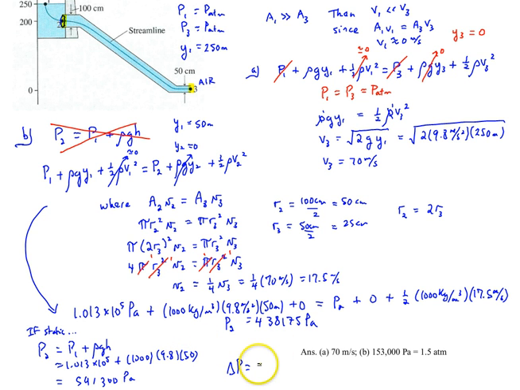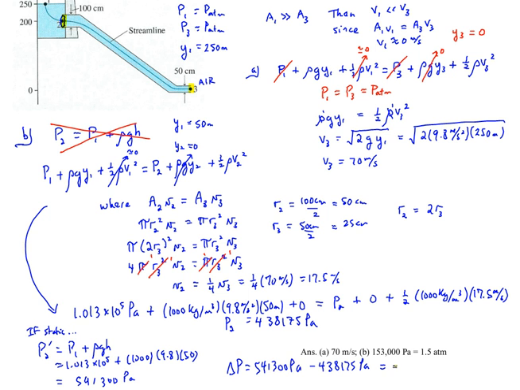And so what we're looking for in B is actually the difference between those two pressures. So that would be this pressure, we'll call that pressure if it's static, versus the pressure when it is actually moving, the hydrostatic pressure versus what the actual inlet pressure is. So that would be 591,300 pascals minus 438,175 pascals.